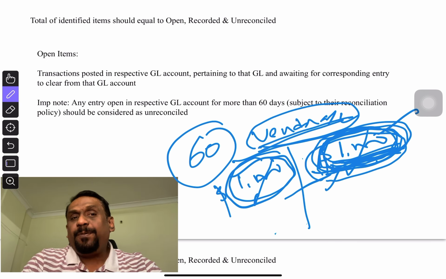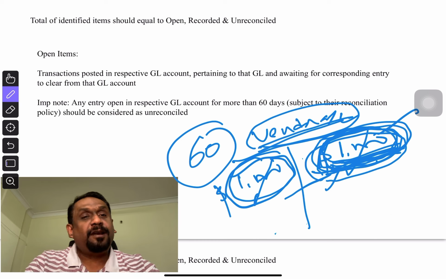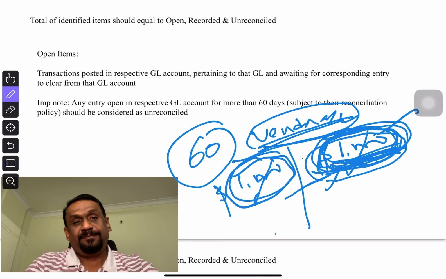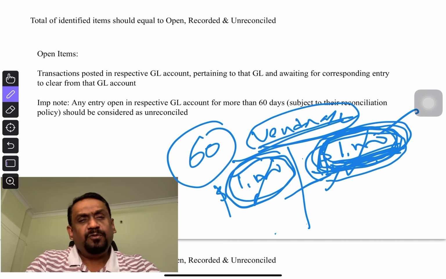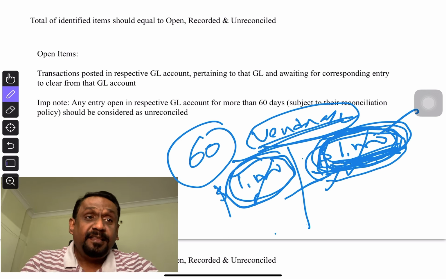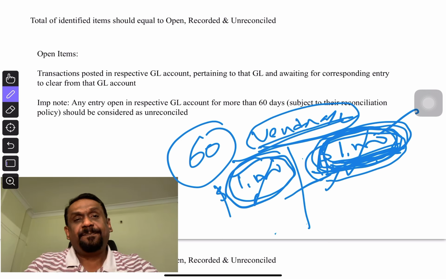So, what do you mean by open item here? Open item is your relative. He has come to your house. You go and greet him. That's all. You wait for his exit. You wait for the corresponding entry.